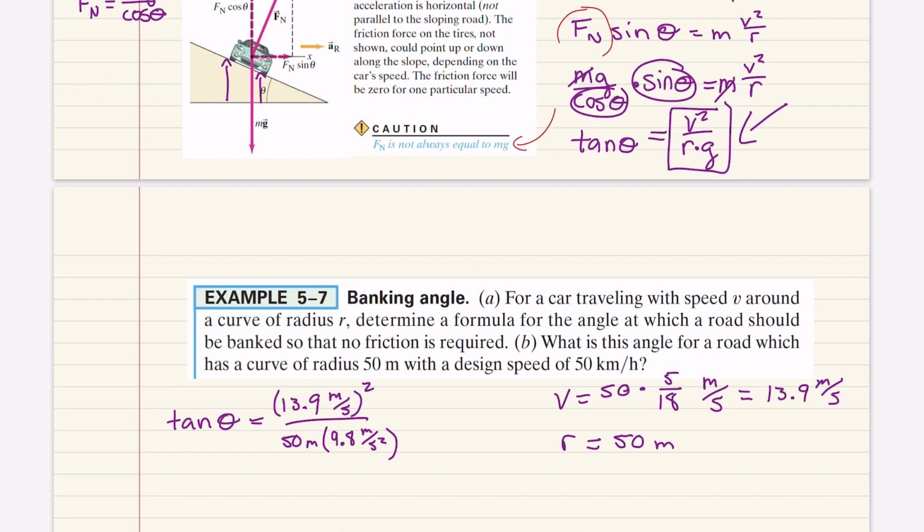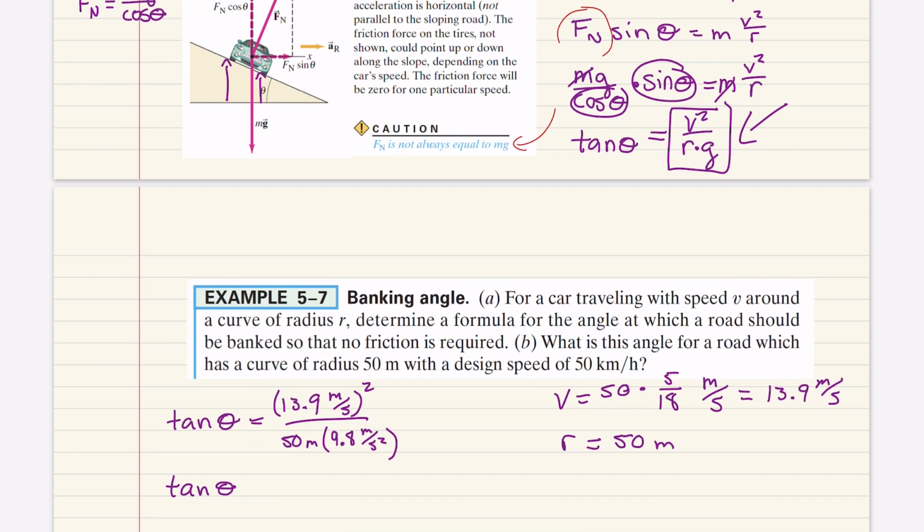So in the calculator, let me square my velocity, divide that by 50, and then divide it again by 9.8. And guys, this question was designed for 9.8, not the 10 meters per second squared, but you should still get a very close answer either way.